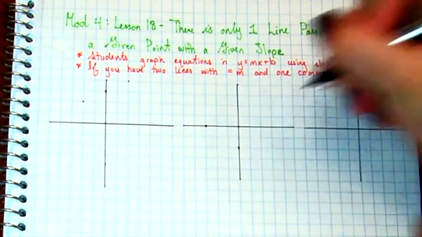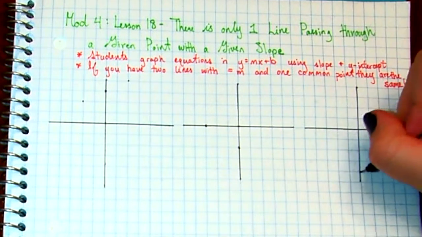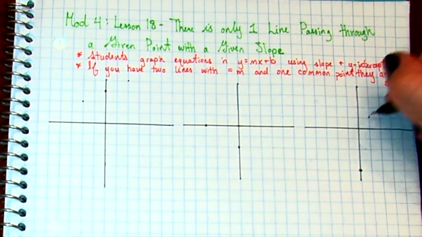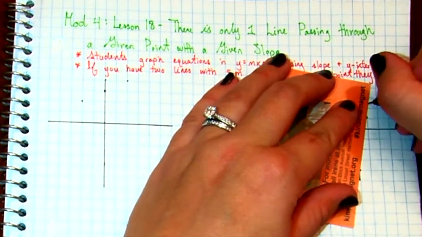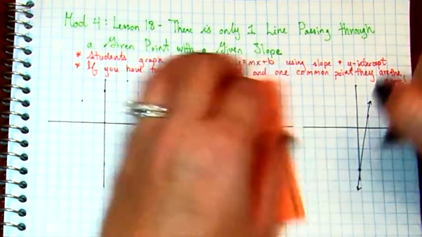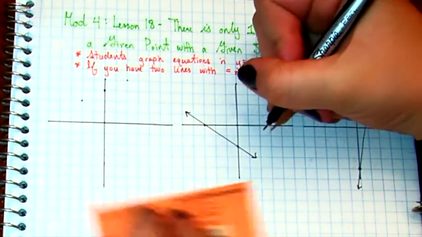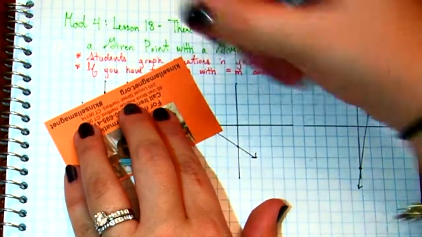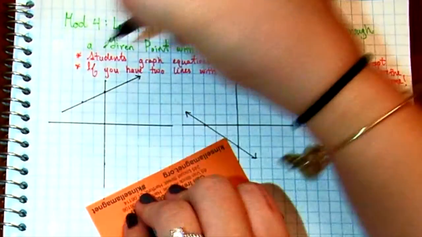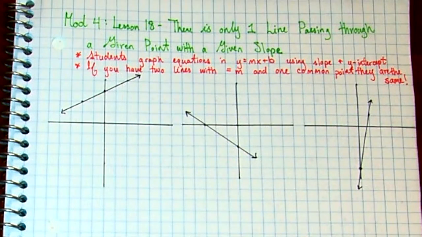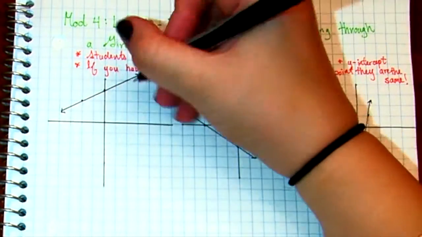In that first graph, I have a 0, 3, a 2, 4, and a negative 2, 2. In that middle graph, I have a 0, negative 2, and then a negative 3, 0. And on the right-hand side, I have 0, negative 4, and then a 1, 1.